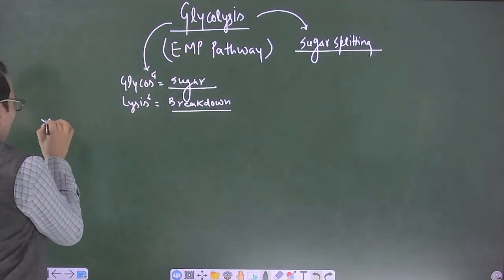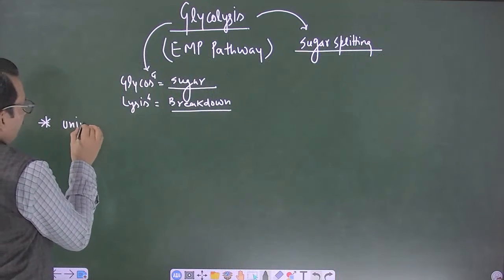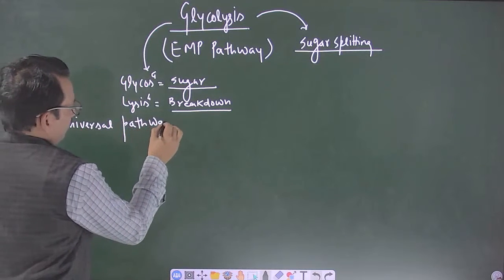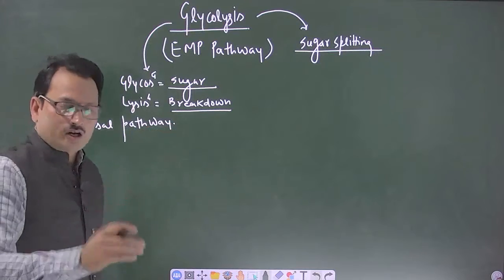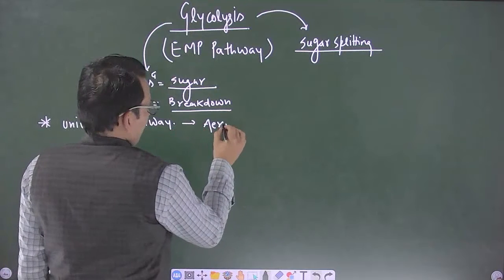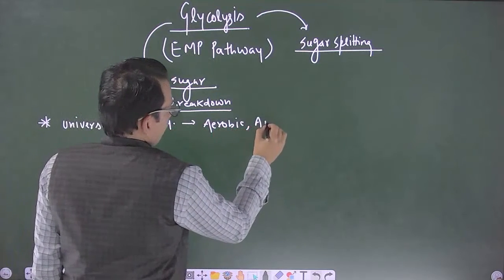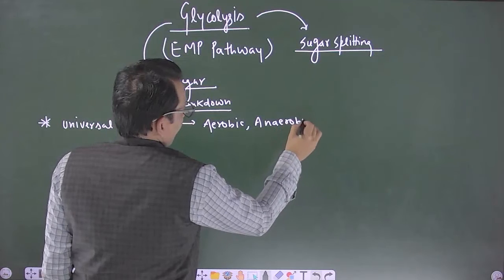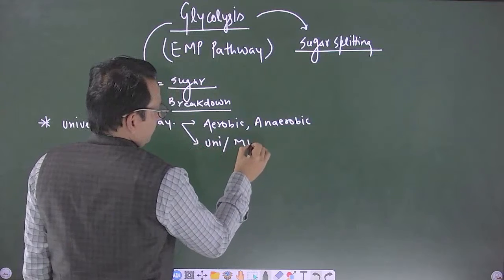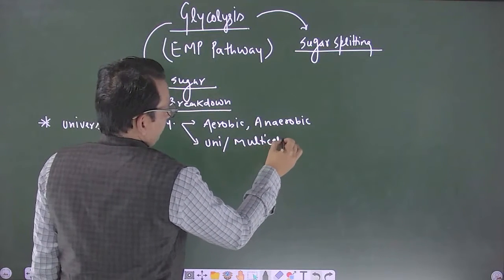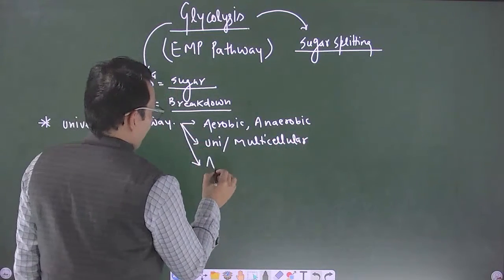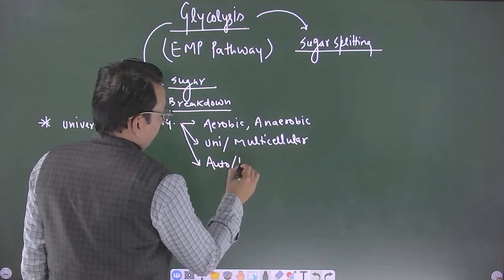As I have already told you, it is a universal pathway, common to all organisms, may it be aerobic, anaerobic, unicellular, multicellular, and most importantly, this organism may be autotrophic or heterotrophic.